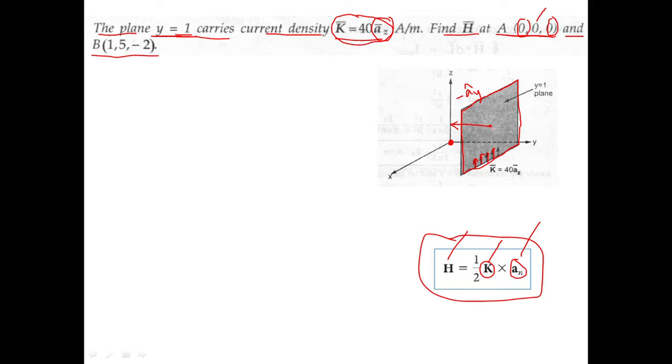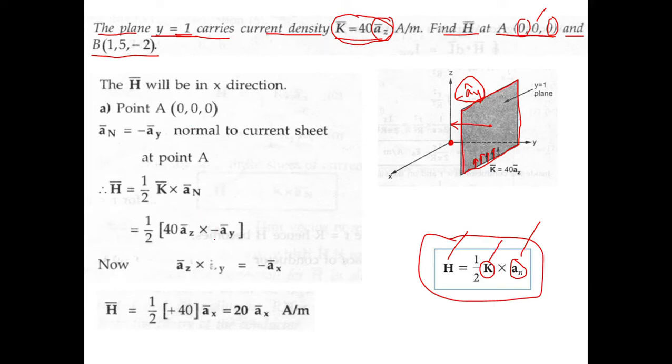Here the surface current is placed at y is equal to 1, and we have to find the H vector at 0, right? So the arrow should be in this direction, so it is given by minus ay. Now we have the half in the formula itself: half of 40 az cap cross minus ay. How do you find the cross product? So we'll see it here.